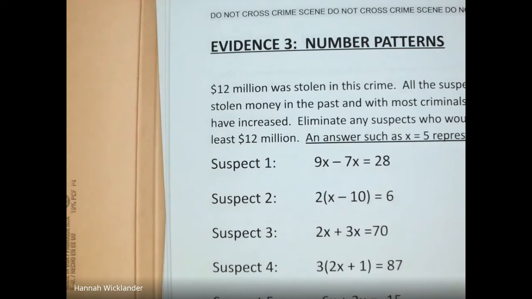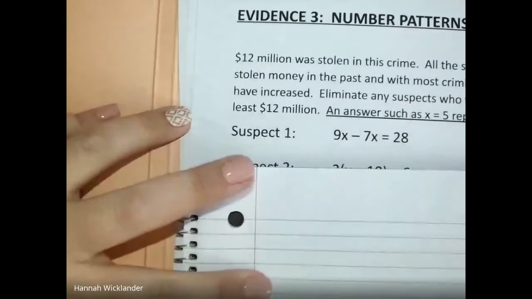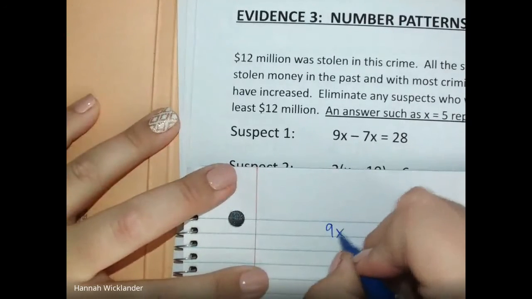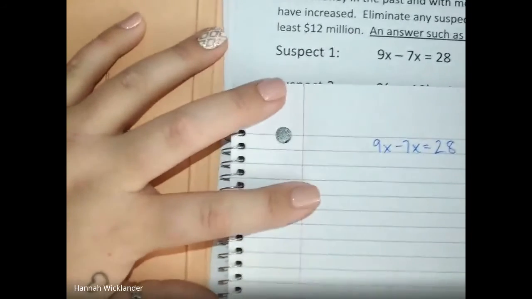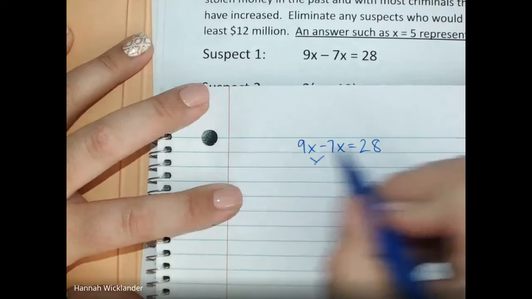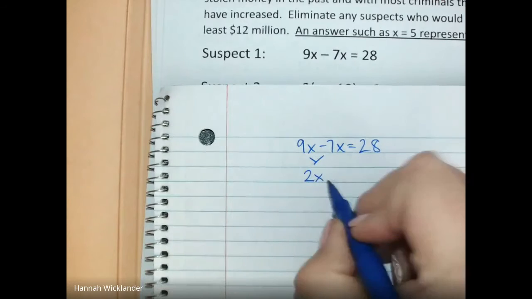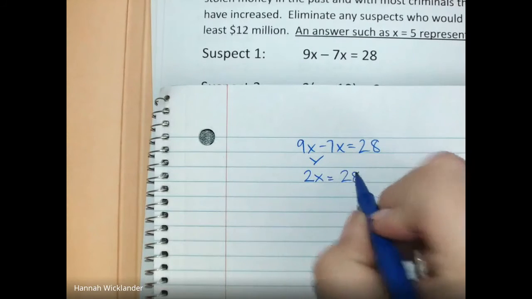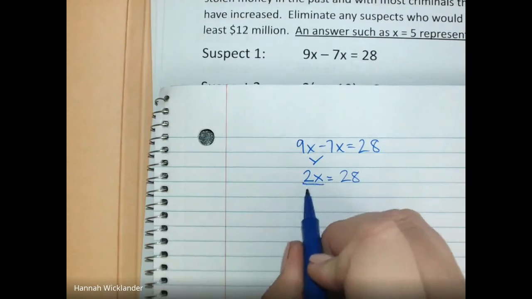So for number 1, we have 9x minus 7x equals 28. So I'm going to combine my like terms. 9x minus 7x will give me 2x equals 28. And then in order to solve, I'm going to divide both sides by 2.